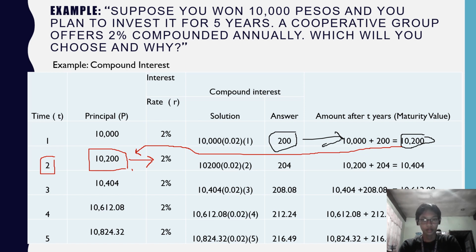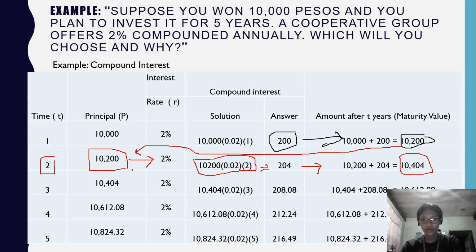So the solution is 10,200 times 2% times 2 is equal to 204. Then 204 will be added to 10,200, and the answer will be 10,404.